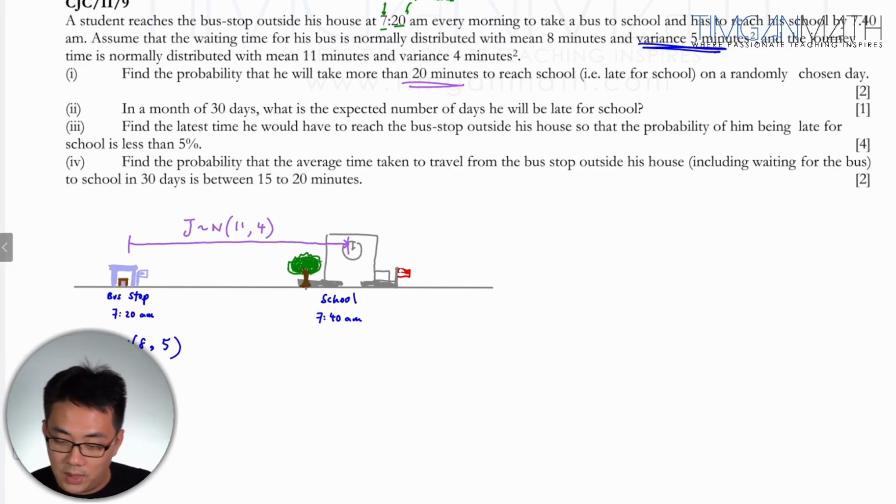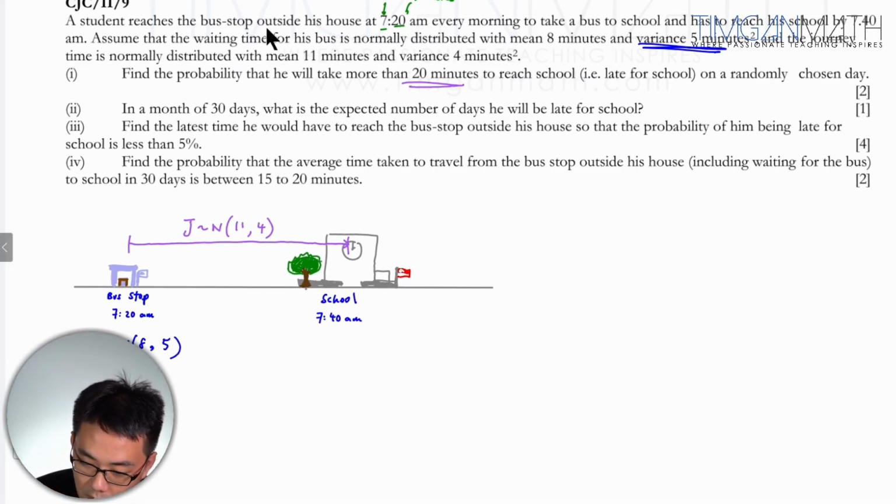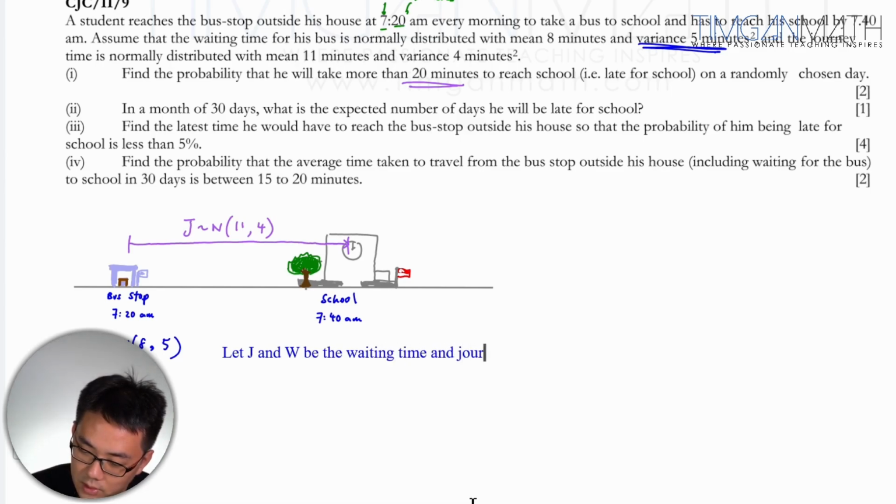That is late for school lah. Actually, just add both of it now. I think the first one should be quite fast. So let J and W be the waiting time and journey time respectively for the student.